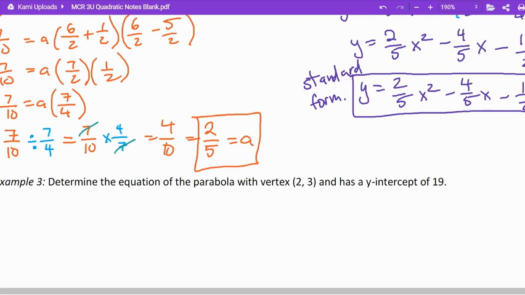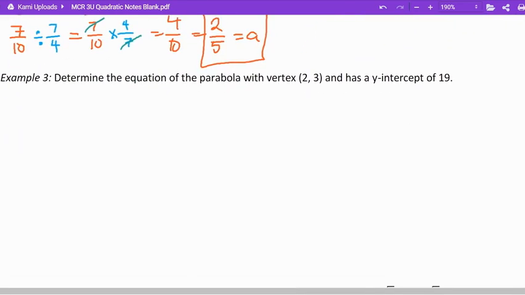They did say find the vertex. I don't have space, and also I don't have time, so I'm just not going to find the vertex. But you would do the same thing as you did in example 1. All right, let's move on to example 3.